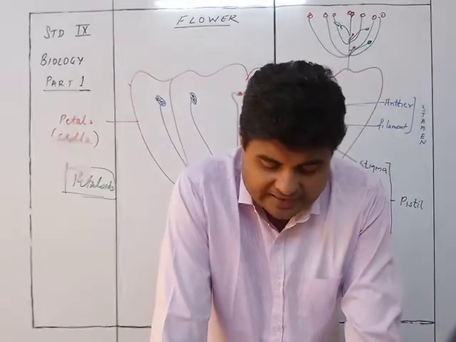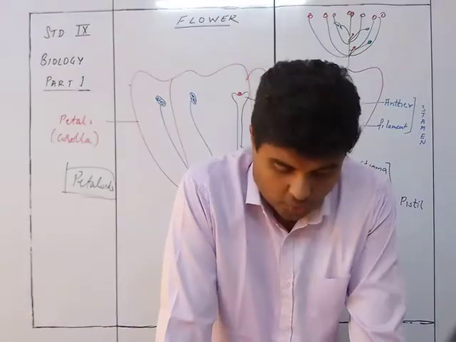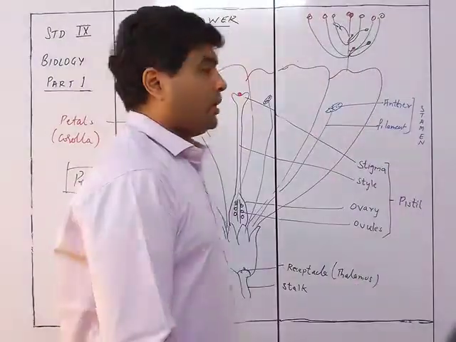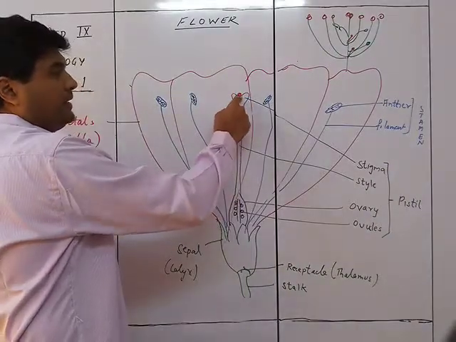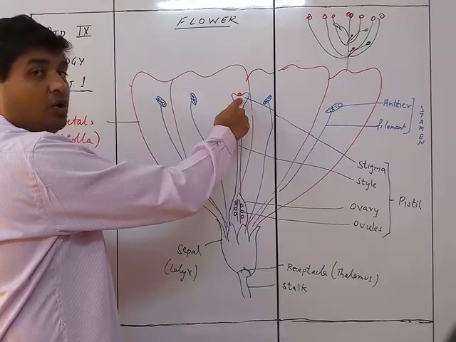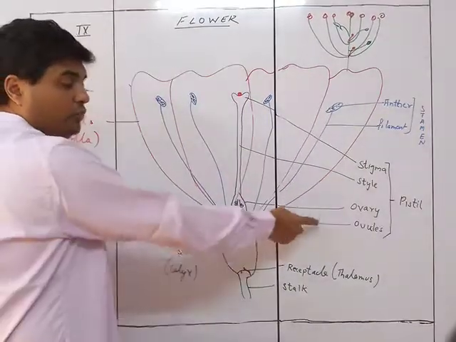Ovules turn into seeds in the mature fruit, forming a transformed ovary. So basically, when pollination takes place, the pollen grain gives its sperm cell, the male gamete, and it fertilizes the egg cell in the ovule.